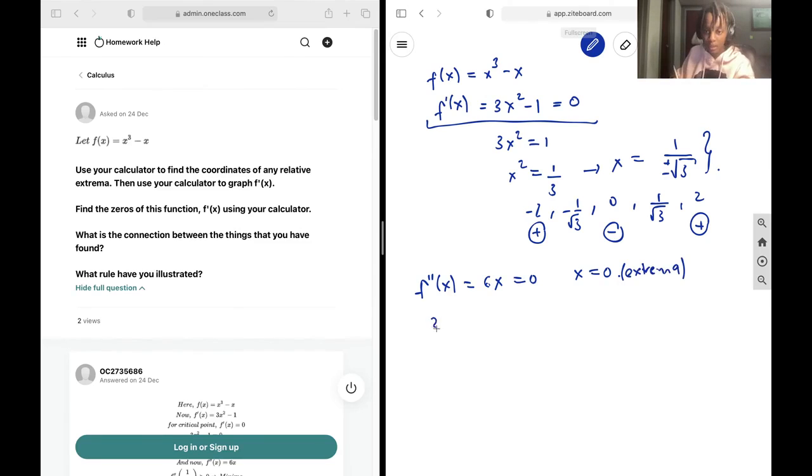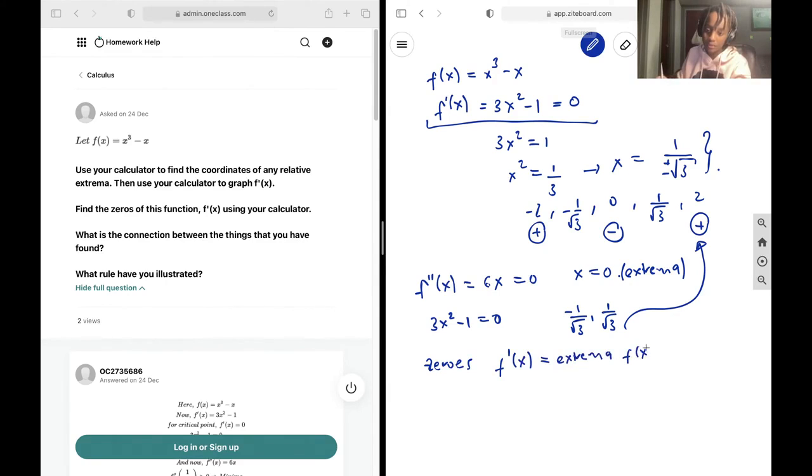Our zeros are at 3x squared minus 1 equal to 0, and so again we get negative 1 over square root 3 and 1 over square root 3, which are the exact same points where we had the extrema. So what this demonstrates is that the zeros of the derivative of the function are going to be the extrema of the function itself.